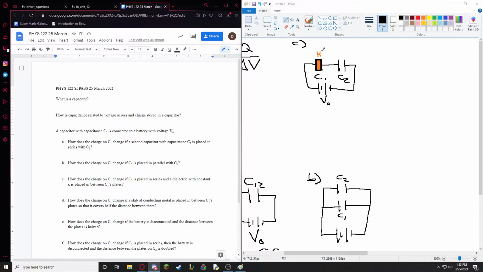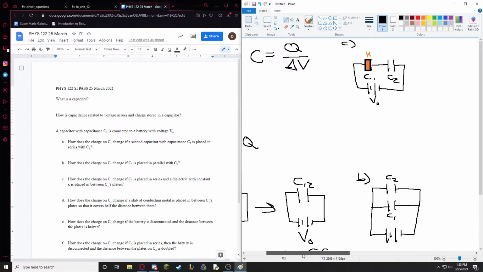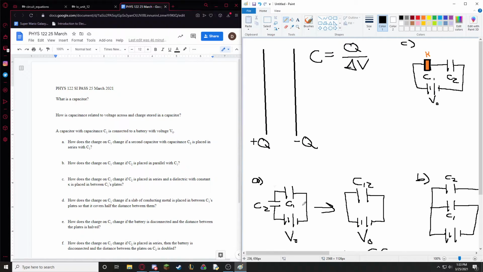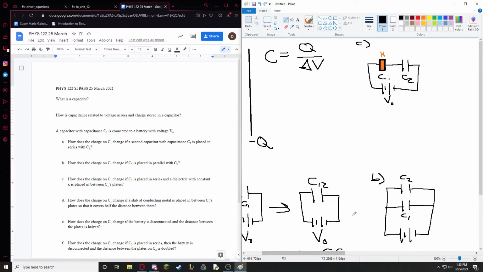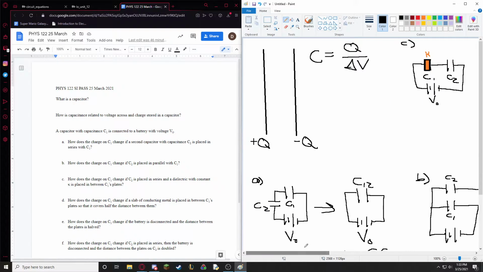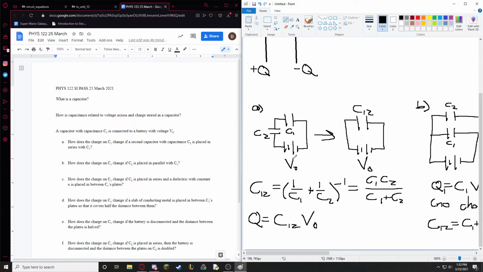First of all, how would this be similar to the first problem where we have C1 and C2 in series without the dielectric? What's the main thing we remember from this one? Adding up the capacitances with the reciprocal. Mm-hmm.